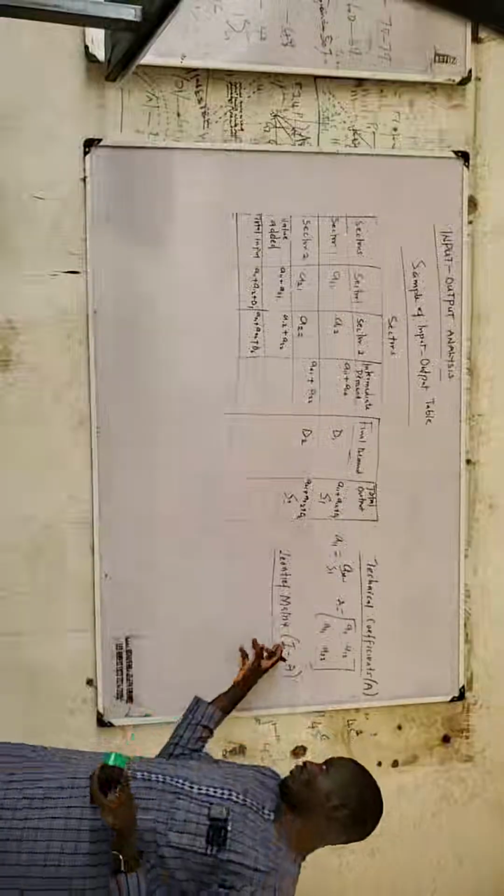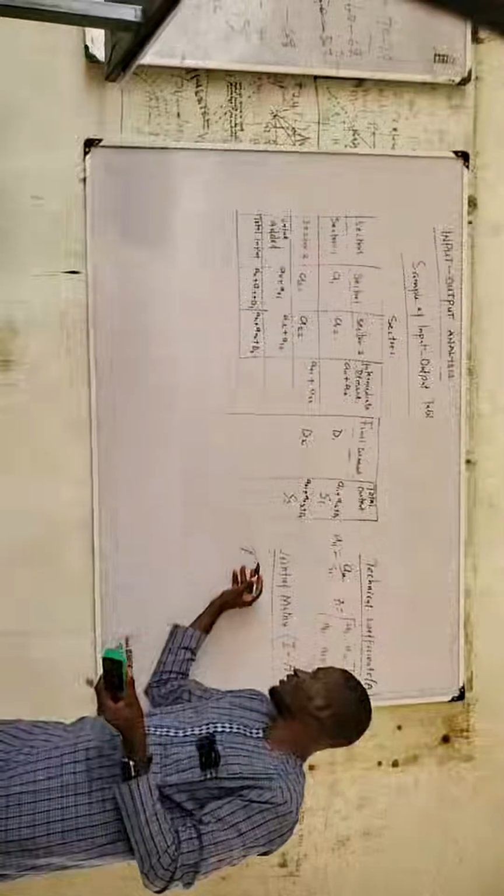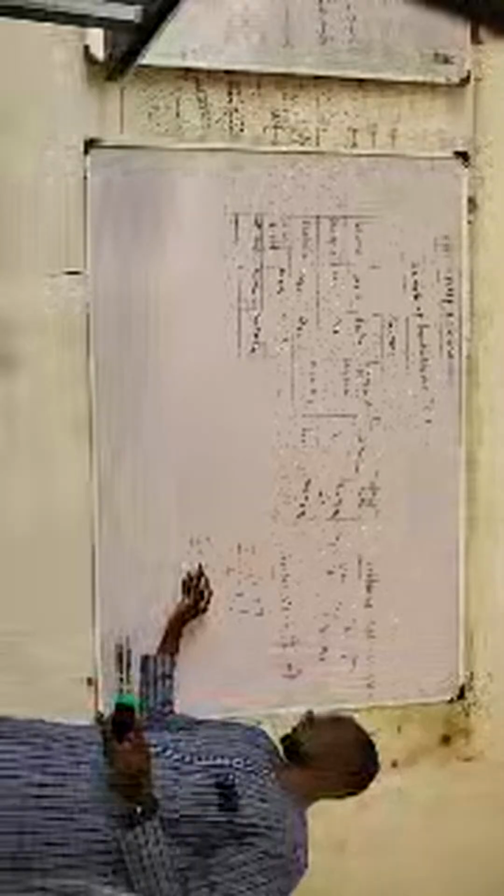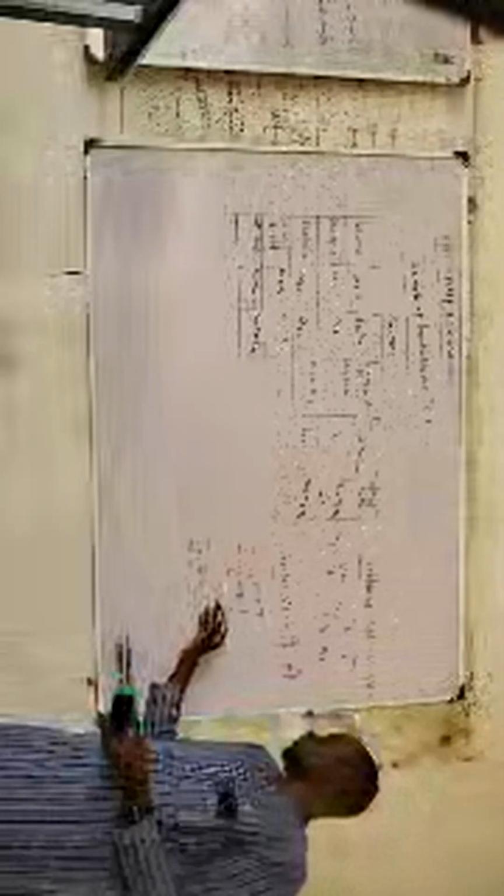For you to form a Leontief matrix, the identity matrix will be 1, 0, 0, 1. Then this is our A. Then our I minus A now will be equal to this matrix minus this matrix.